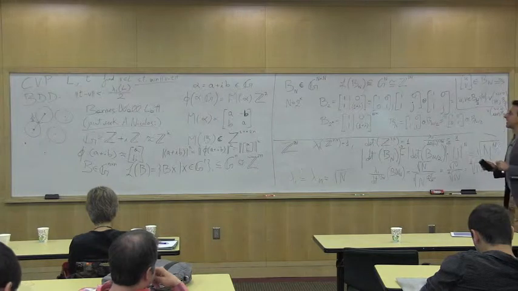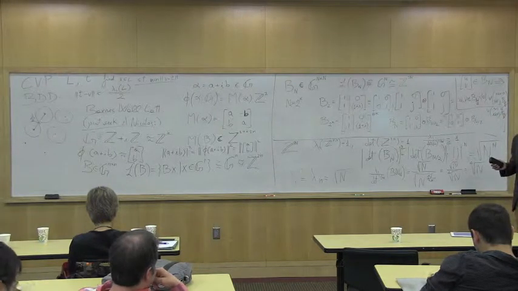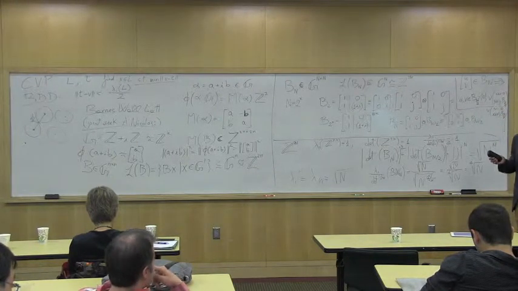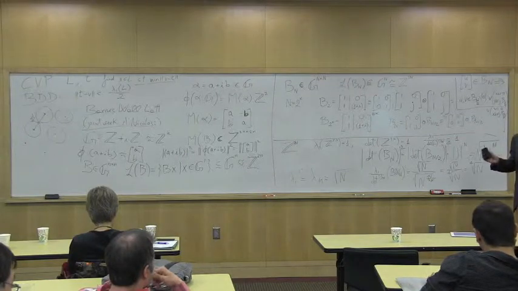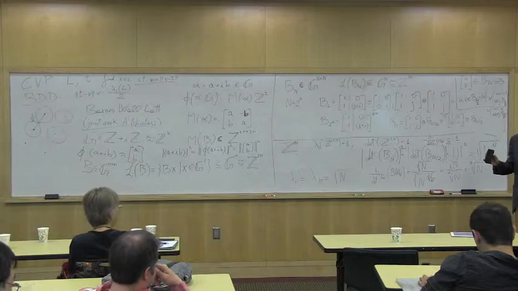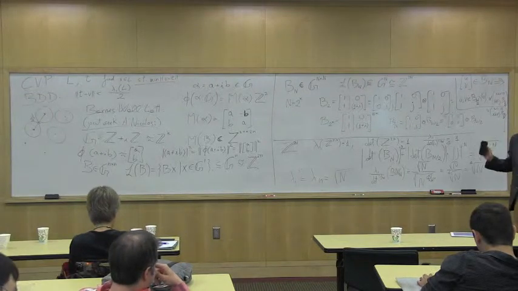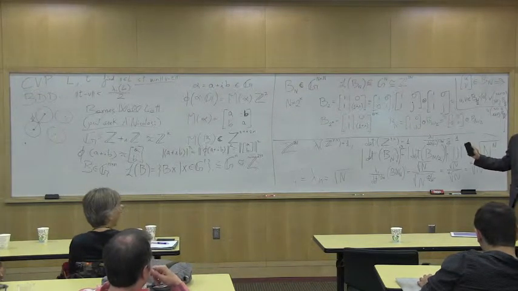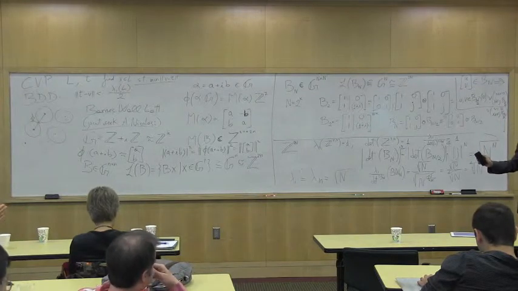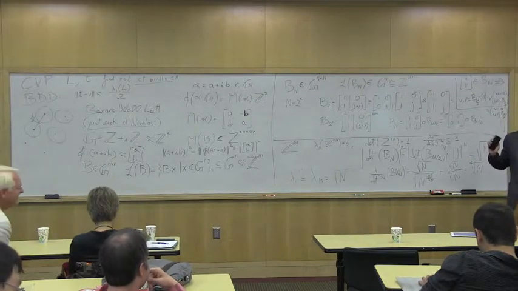Is there a relation to the Leech lattice? Well, the Leech lattice is only in dimension 24, which is not even a power of 2, so I wouldn't know how to relate the two. The Leech lattice is not one of them. I can tell you that for sure.